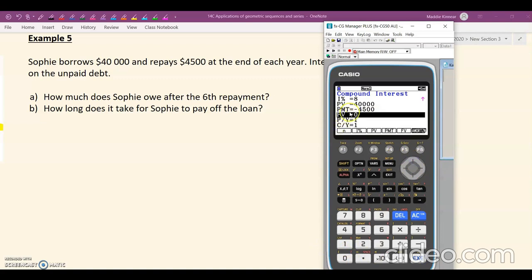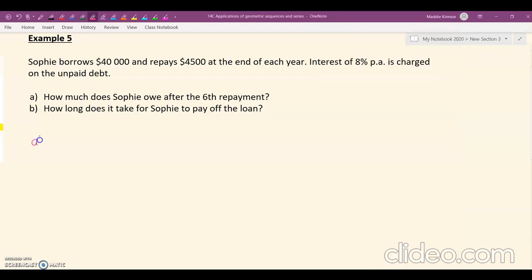At this point then, our future value is going to be what we need to calculate. So how much does Sophie owe after the 6th repayment? So pressing FV on here, we can see our future value then is going to be $30,463.29. So Sophie's going to owe that money. And obviously you would just state what you've done.